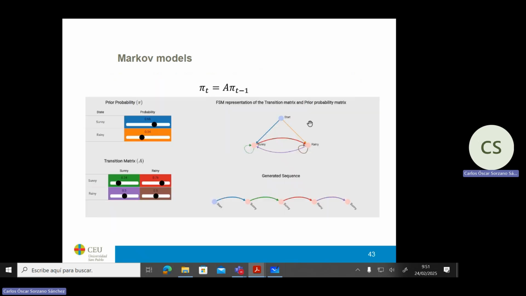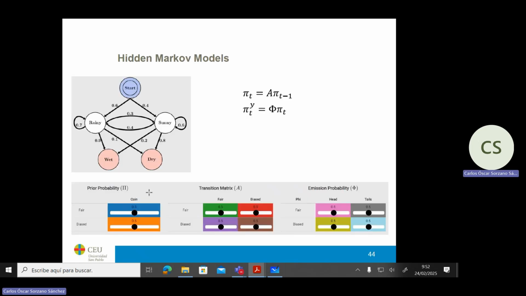And once you have your model, you can simulate sequences from it. You start, and then randomly you choose one of these two states with a probability given by this table, the prior probabilities. And then once you are in a given state, you compute the next state, also in a stochastic way, using these transition probabilities.